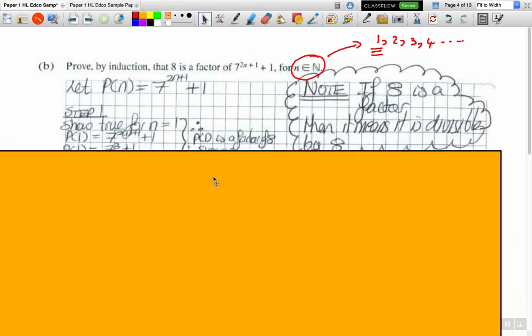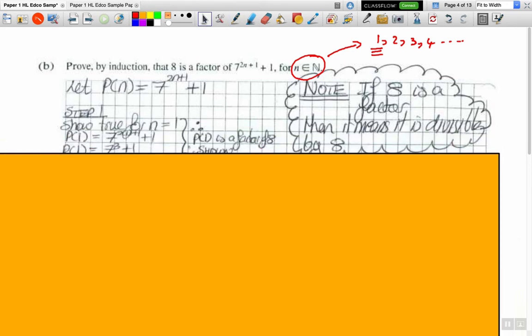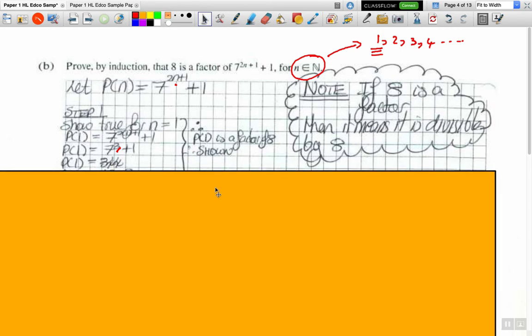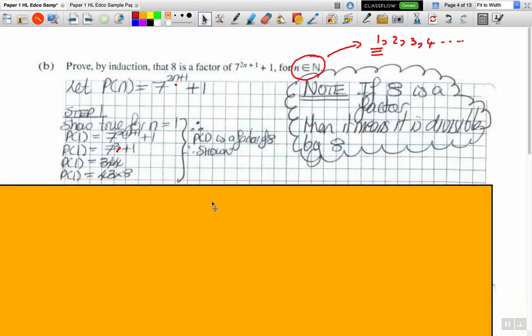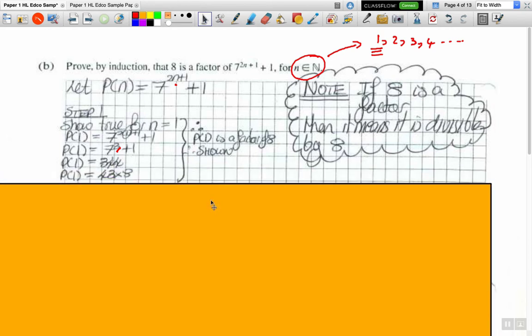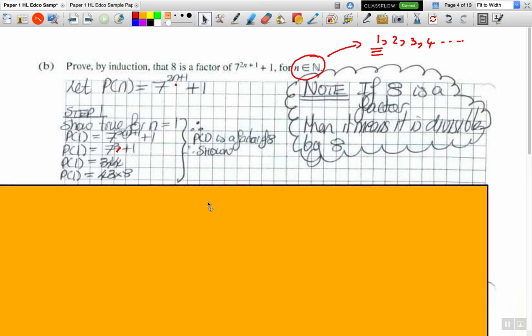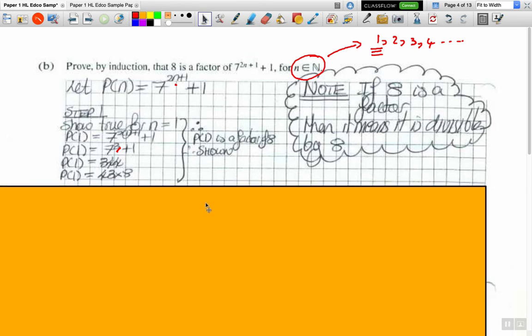So P(1) is going to be 7 to the power of 2 times 1 plus 1, which is 7 to the power of 3, plus 1. Use a calculator to get 344. Divide that by 8 to find it's 43, so write it as 43 times 8, and therefore you've shown it's true for n equals 1. 8 is a factor.